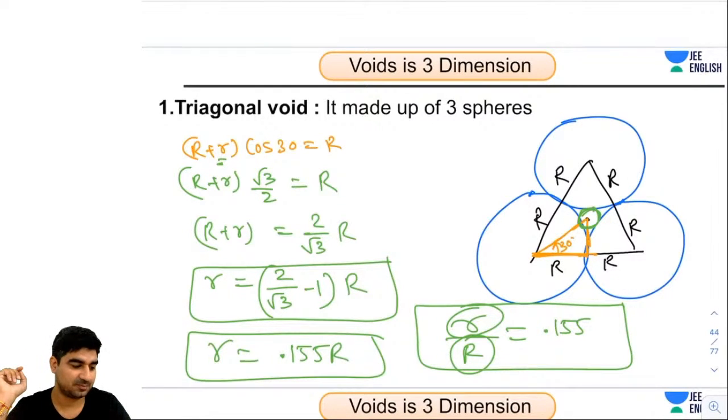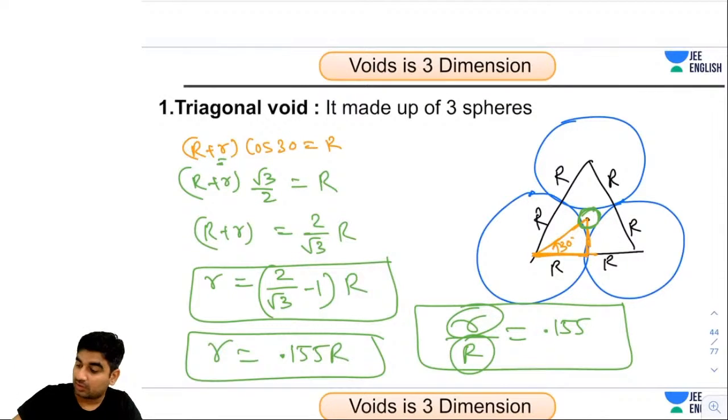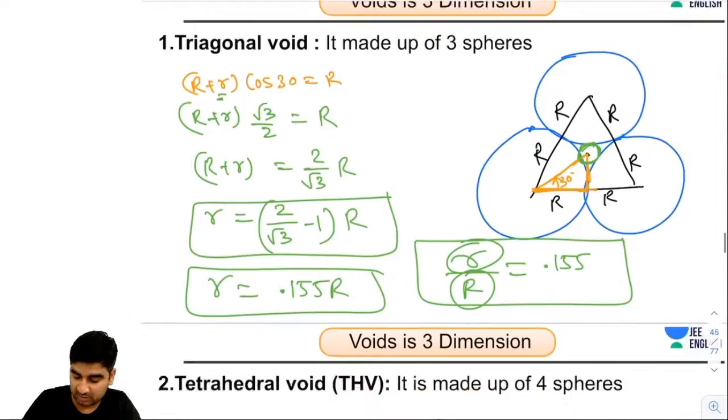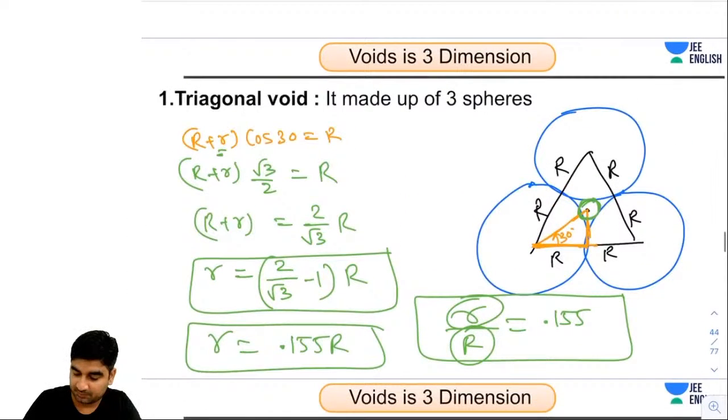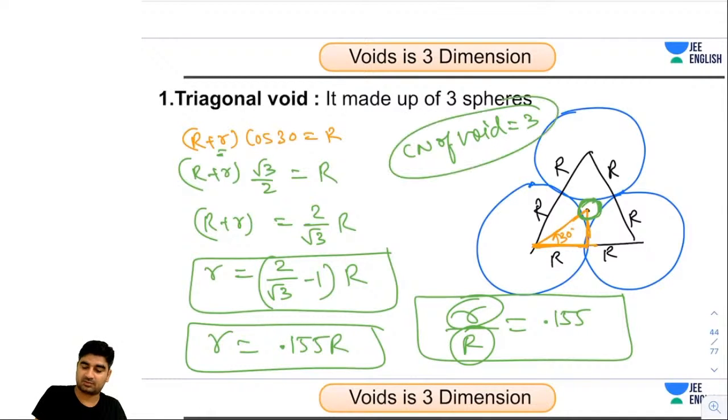Any doubt, guys? No doubt. So if somebody asks you what is the coordination number of triangular void, I would say coordination number of void is 3, and this is the radius relation, right?